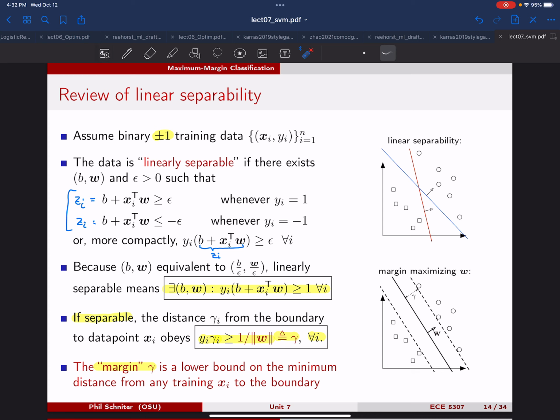But it's more interesting to consider the tightest lower bound, or the biggest such gamma you can construct. In any case, you can get these different gammas by just looking at 1 over the norm of W. Okay, so this is why we care about this.